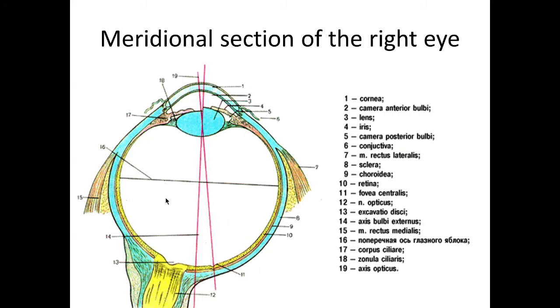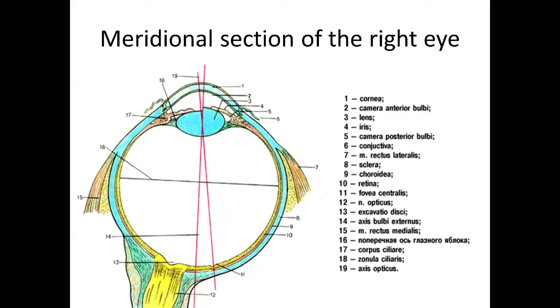Again, let us remember geography. Our planet, our globe, has a lot of meridians, and our globe has only one equator. And this equatorial plane is single for each eyeball.